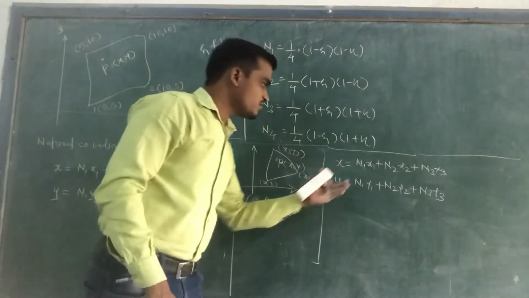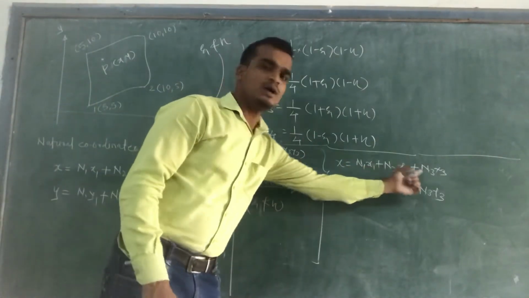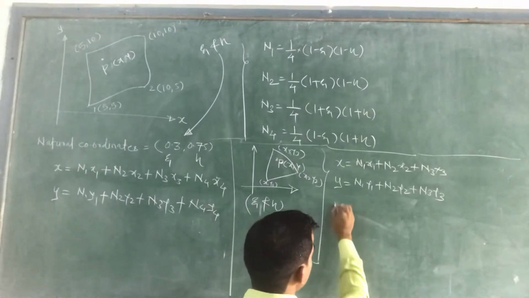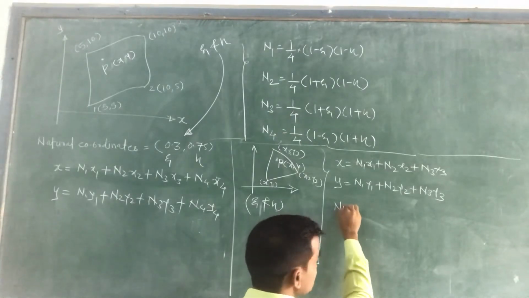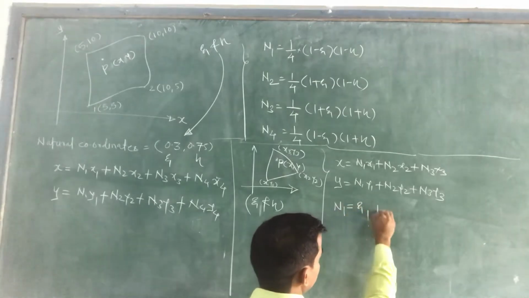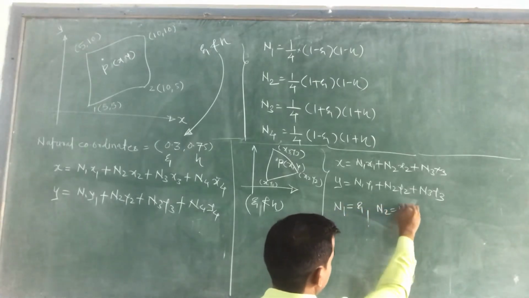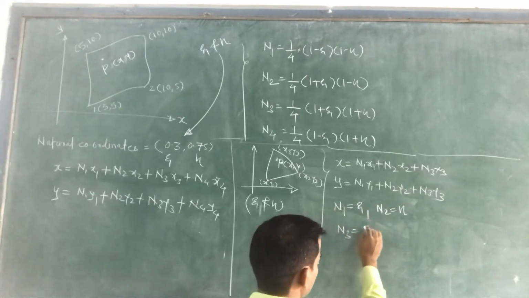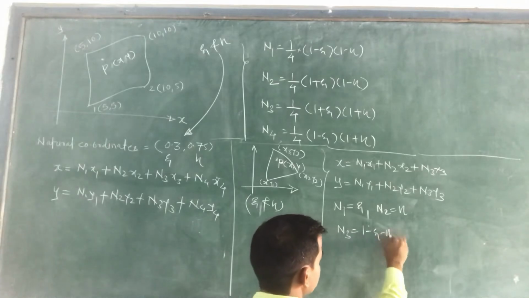Now in this case we need to first find n1, n2 and n3. We have actually derived the n1, n2, n3 values in our previous unit only. Okay, so n1 is what? Zeta. n2 is what? Eta. And n3 is what? 1 minus zeta minus eta.